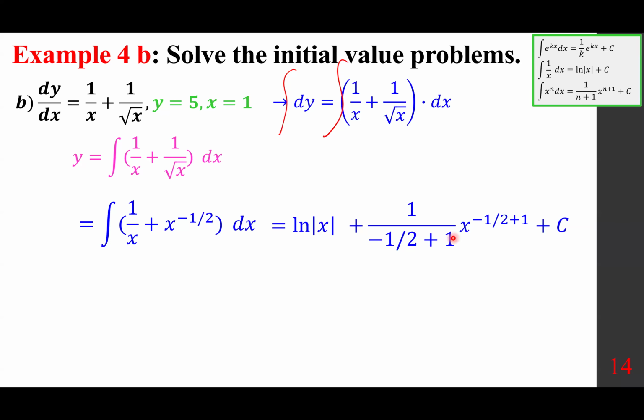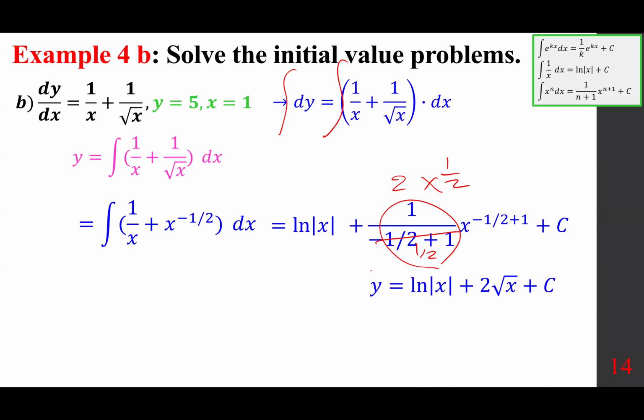Now, this one doesn't change. What happens to this one? Negative 1/2 and 1 is 1/2. So this must be 2. And x to the power 1/2 is square root of x.